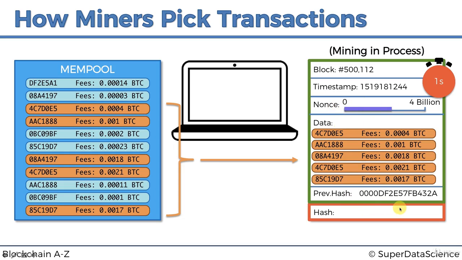They've all generated their own hashes, and he's checked them, and most likely hasn't found a valid hash that would make this block valid. So he hasn't found a golden nonce. And therefore, 1 second has passed. What happens next is the timestamp gets updated by 1 second, and he can go through these nonces again.